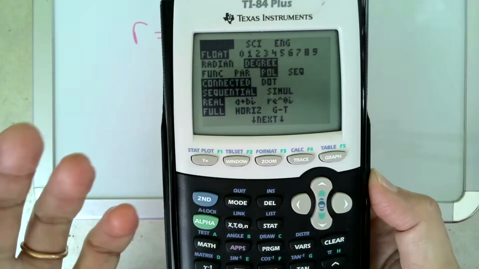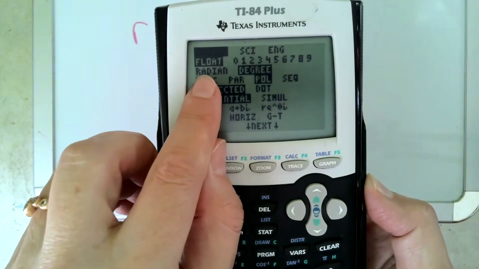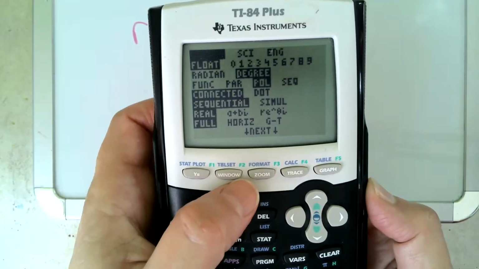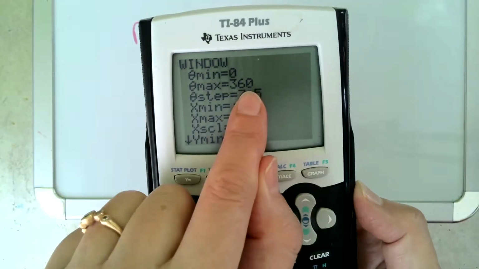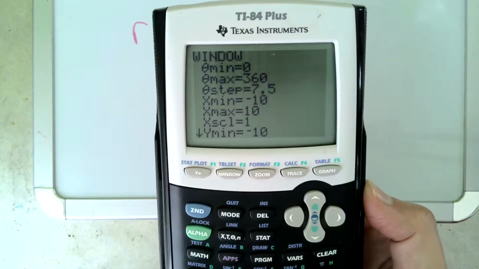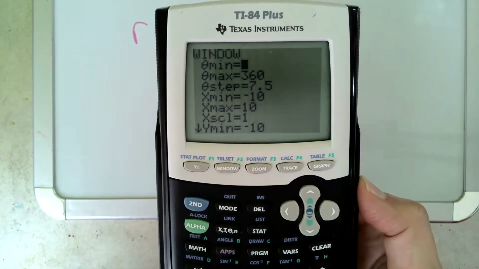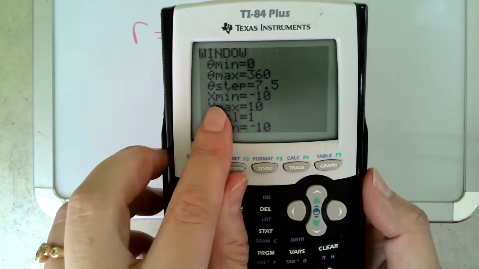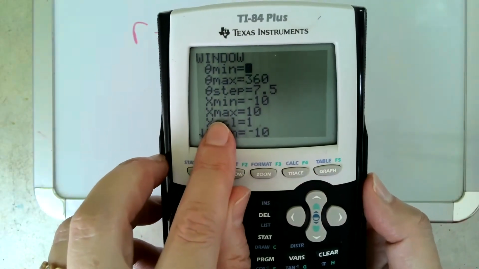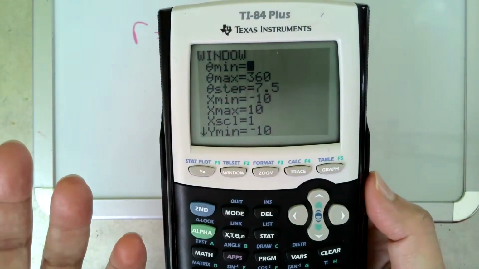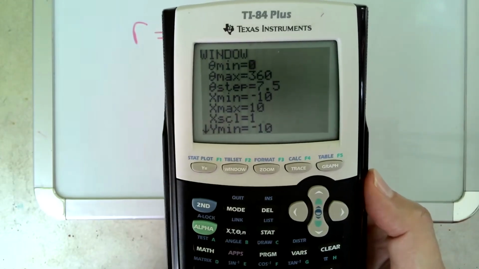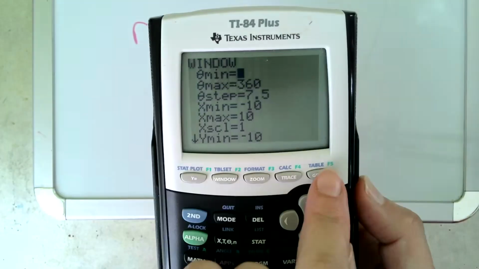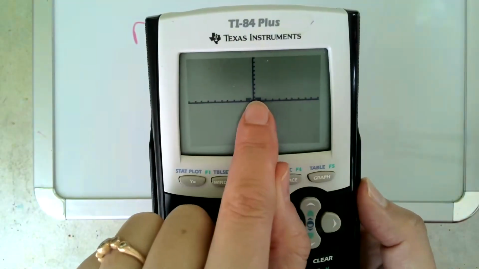If the problem were in radians, you'd want to switch that to radians, and you'd want to switch in your window your maximum not to be 360, but to be, what's the maximum in radians? 2 pi, good. Now, I'm thinking that perhaps my x max and my x min are larger than they need to be, because I can see that my graph was happening in a very small amount of space.